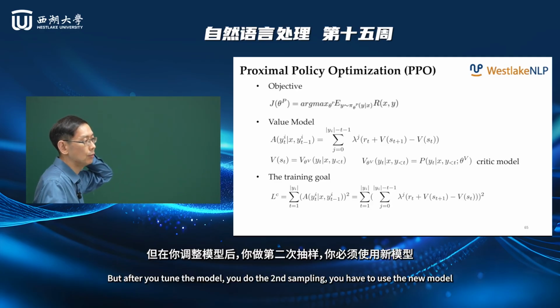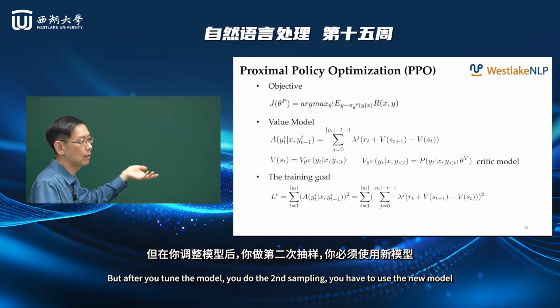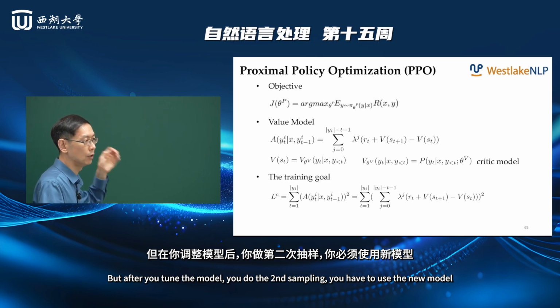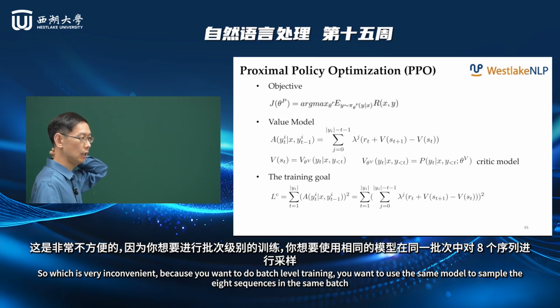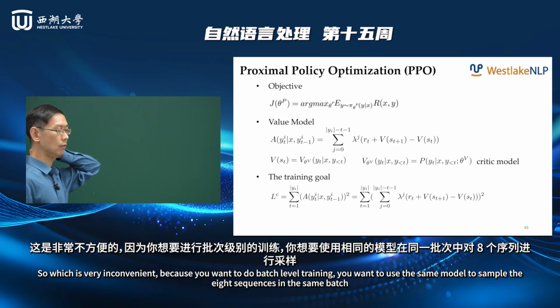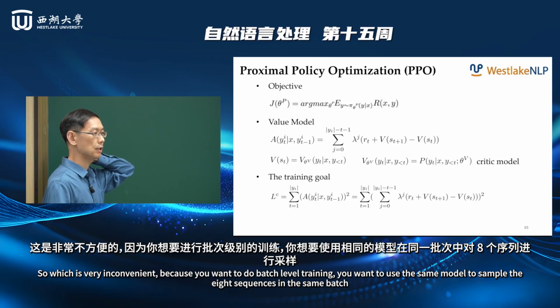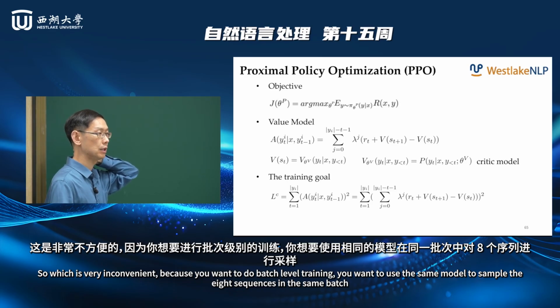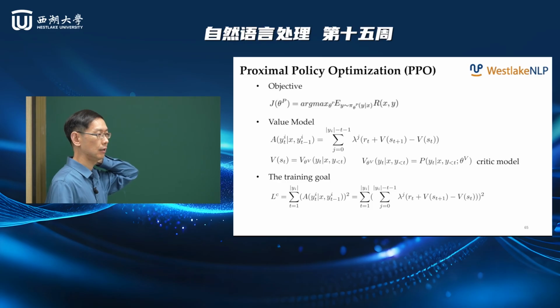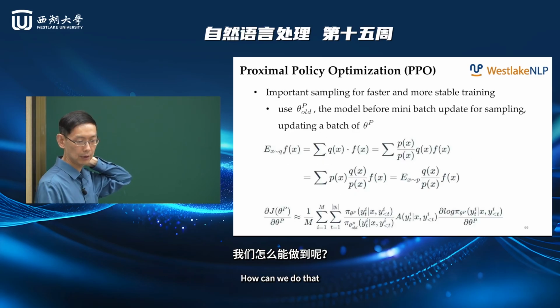But after you tune the model, you do the second sampling. You have to use the new model, which is very inconvenient because you want to do batch level training. You want to use the same model to sample the 8 sequences in the same batch. How can we do that?